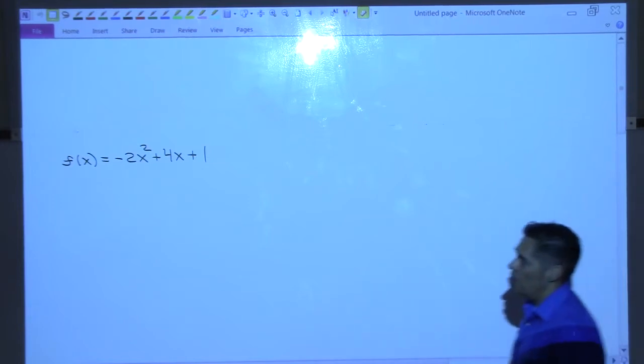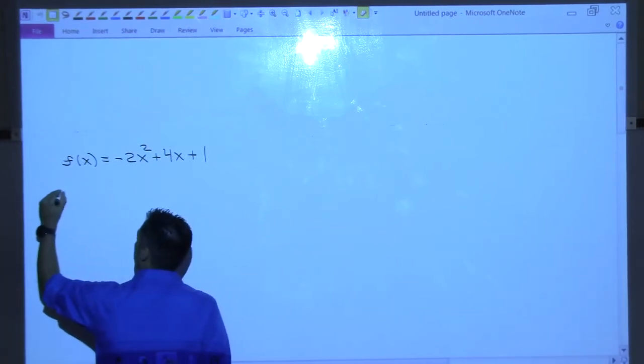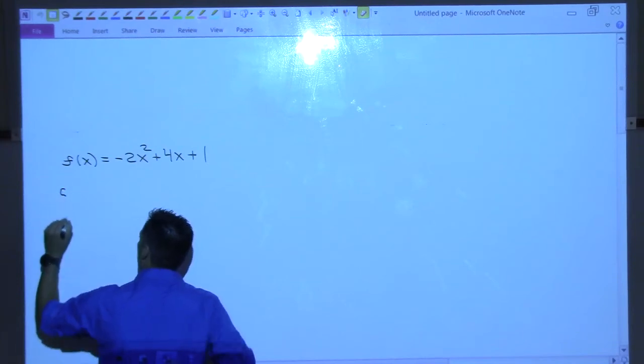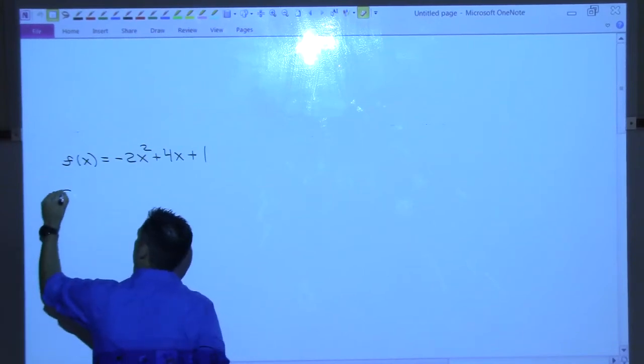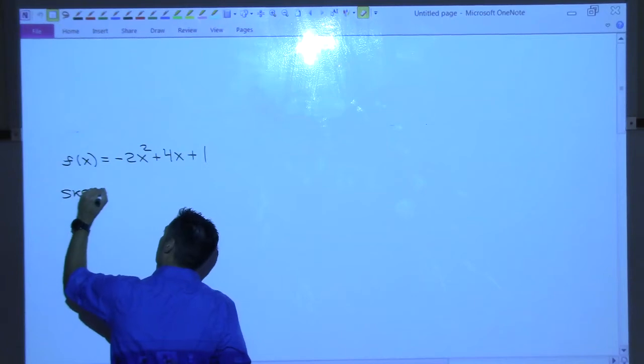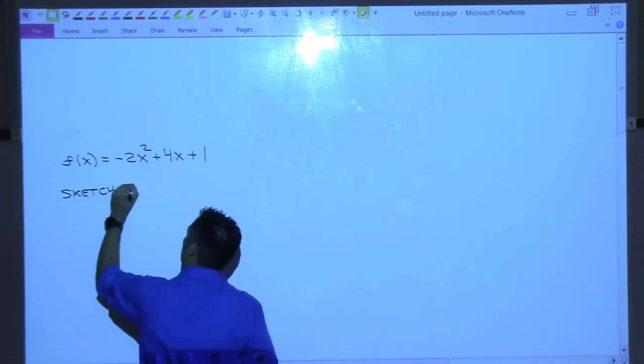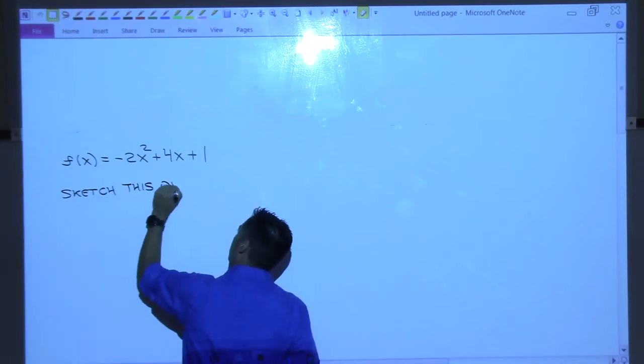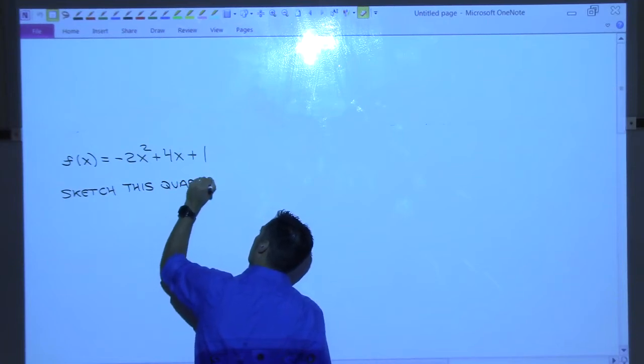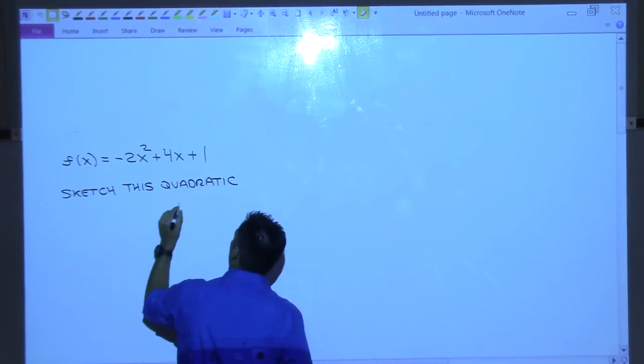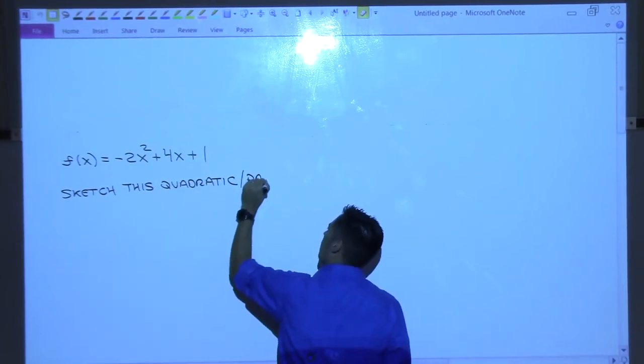So the instructions are to sketch this quadratic. Or if you don't like that, we'll call it a parabola.